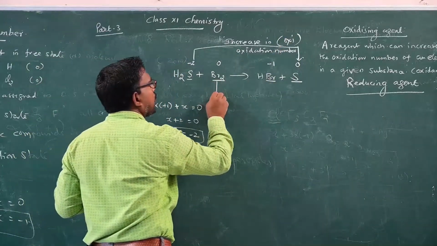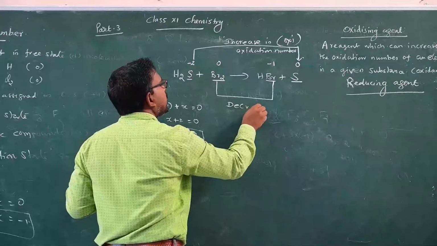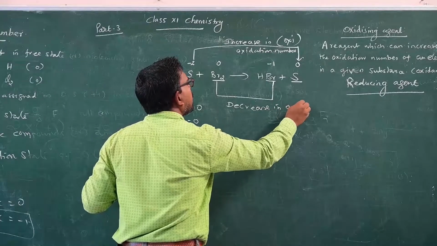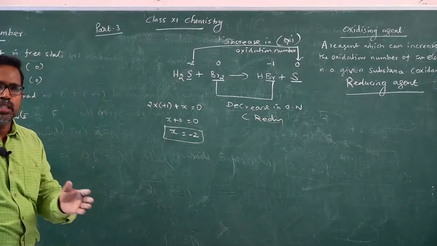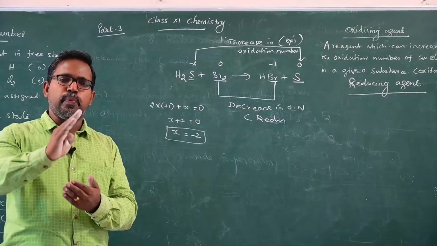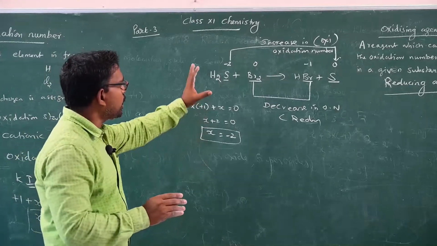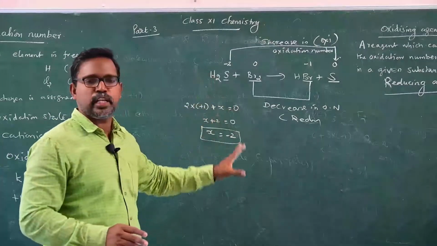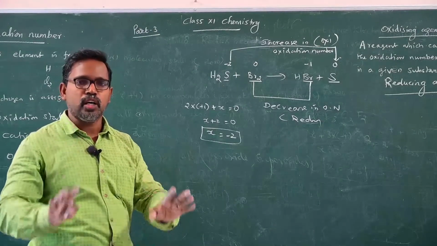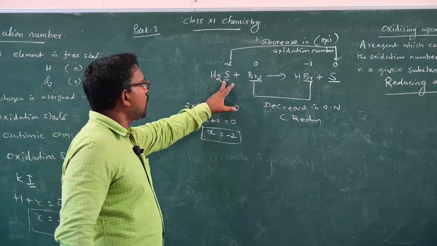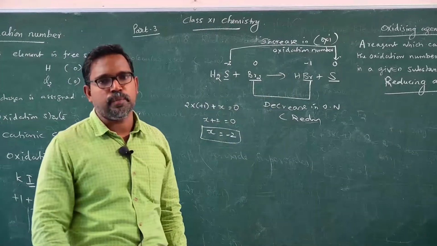Bromine changes from oxidation number 0 to minus 1, a decrease in oxidation number, which is called reduction. This is the easiest way to predict whether oxidation or reduction takes place. Here both oxidation as well as reduction take place. Hence, this reaction is a best example of a redox reaction, with an increase in oxidation number for one and a decrease for the other.